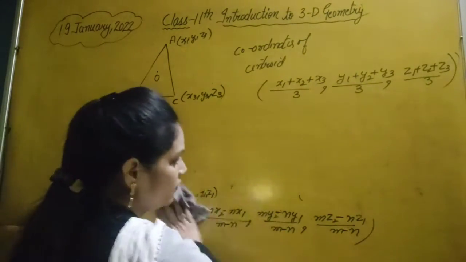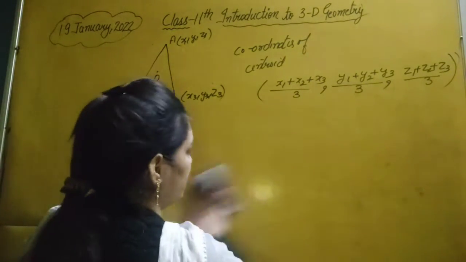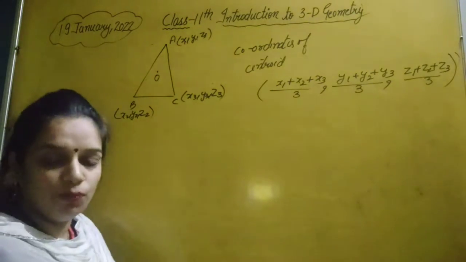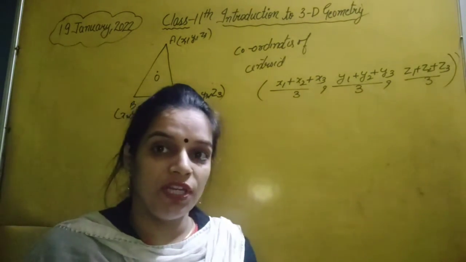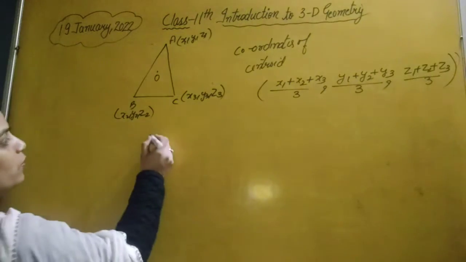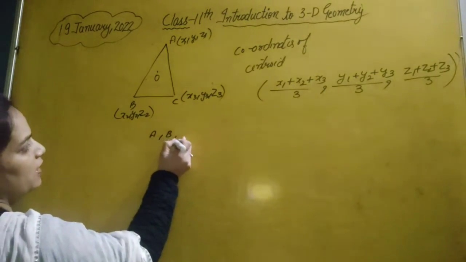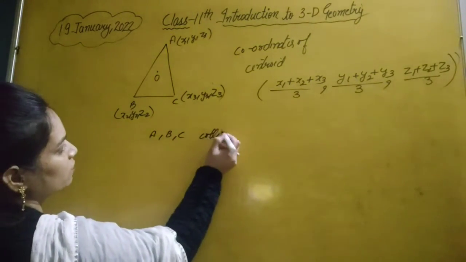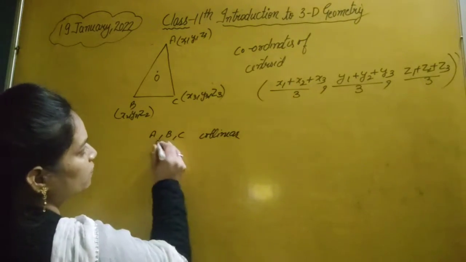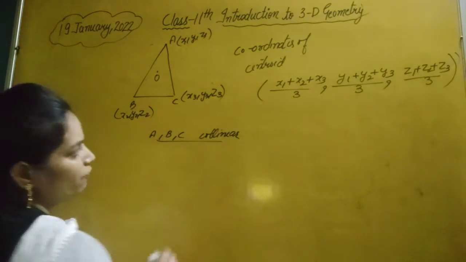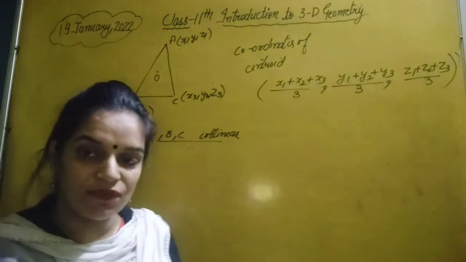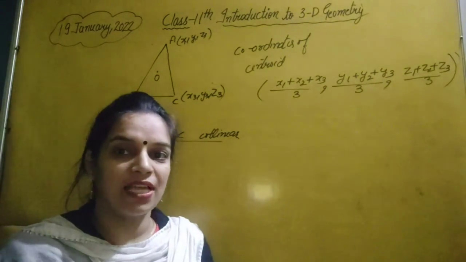And the next topic we are taking: if we have to prove 3 points A, B and C collinear, we can prove it with the help of the distance formula as well as the section formula.